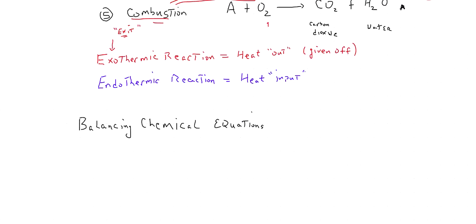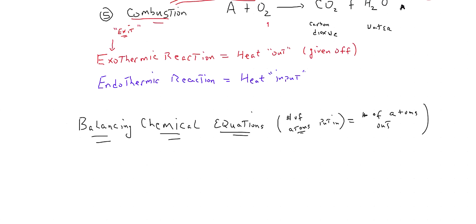And the essence of what this really involves is the number of atoms, not molecules, atoms that you put in to whatever reaction has to equal the number of atoms that come out of a reaction.